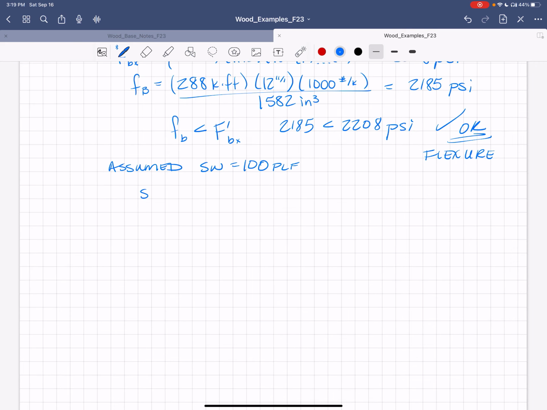The self weight of our glulam: 253.1 inches squared was my area. If I convert that to feet, 1.76 square feet.